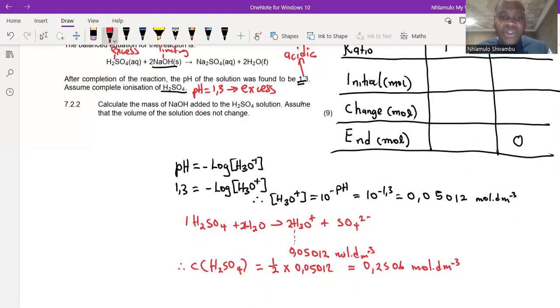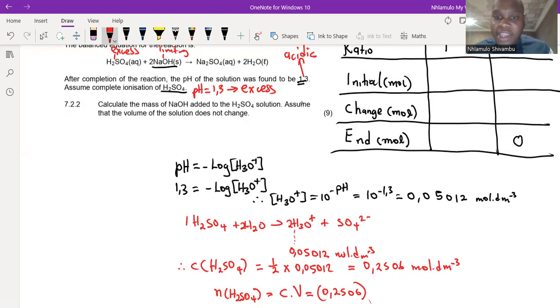So the number of moles of sulfuric acid will be given by C times V. The concentration is 0,2506. And then the volume is 500 centimeter cubes, which must be divided by 1,000 to convert it to decimeter cubes.